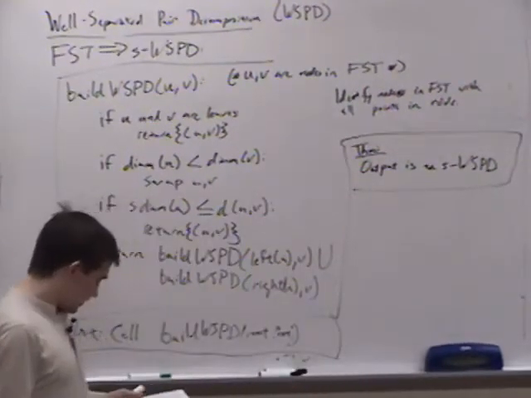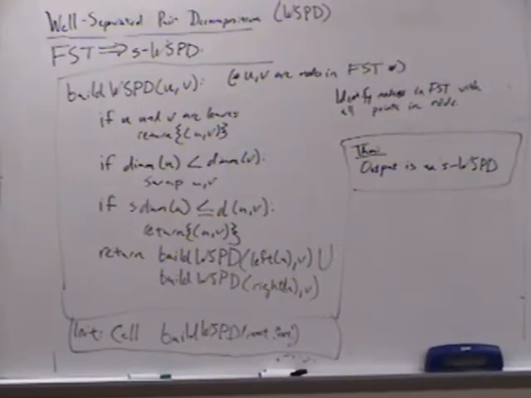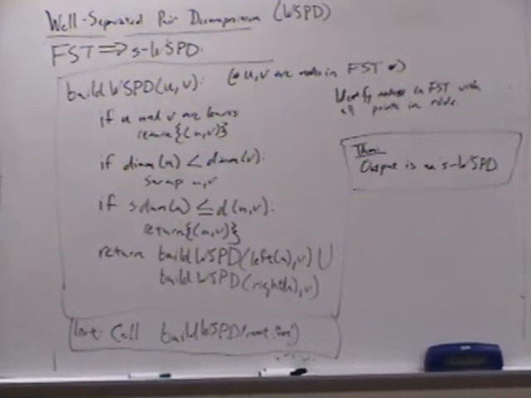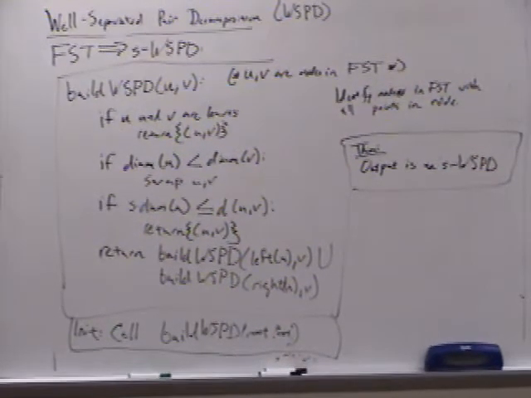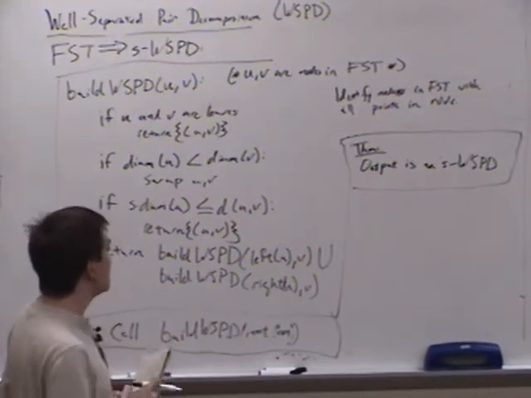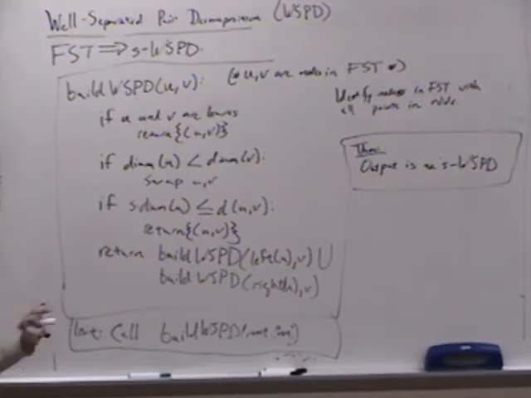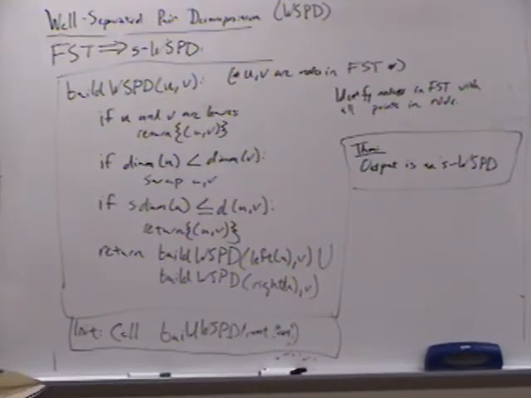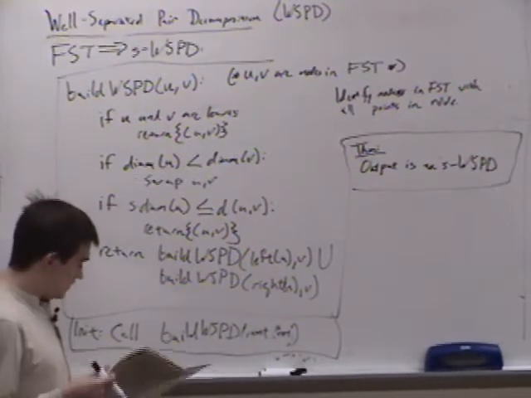The harder thing is to argue that the output from this algorithm is actually order n. That's the trick. The fact that we built a well-separated pair decomposition is somewhat boring, but the neat thing is that this algorithm will actually build a relatively small well-separated pair decomposition. The reason that is true has to do with the details of the fair split tree. That's the hard thing that we're going to try to prove.